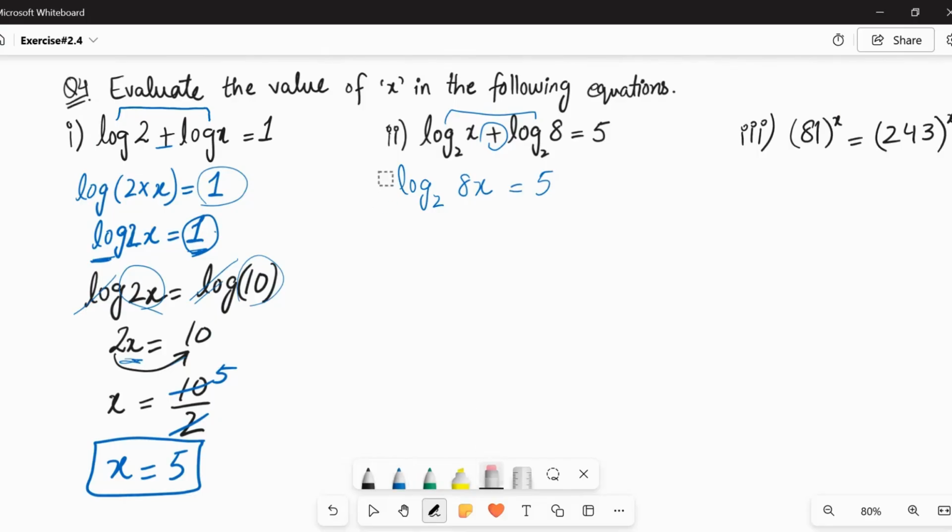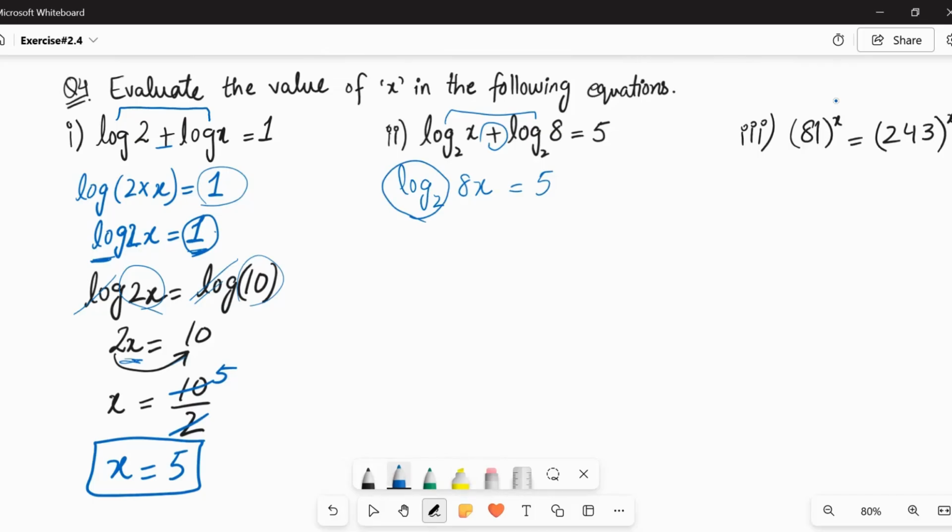Okay, it's an equation. Now, it's log with base 2, so how should I write the right side? I also want a log with the same base 2 on the right hand side.